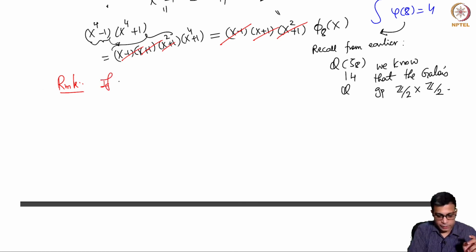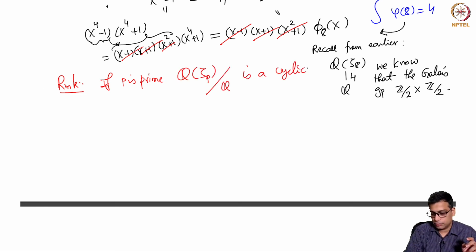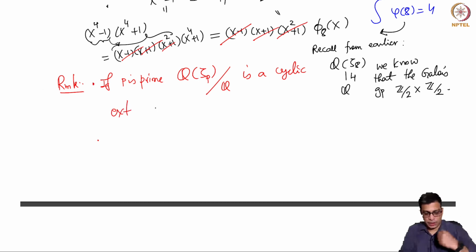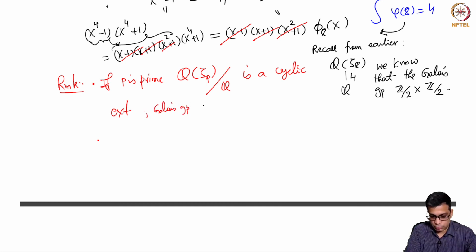If p is prime, Q(zeta p) over Q is a cyclic extension, right? Because the Galois group is isomorphic to (Z mod pZ) star, which is a cyclic group of order p minus 1.